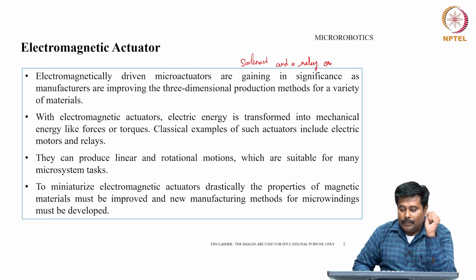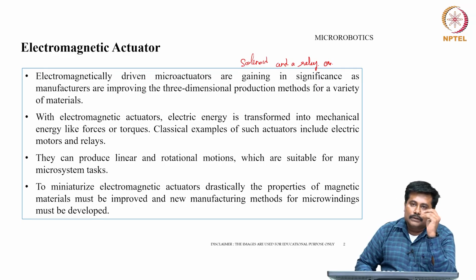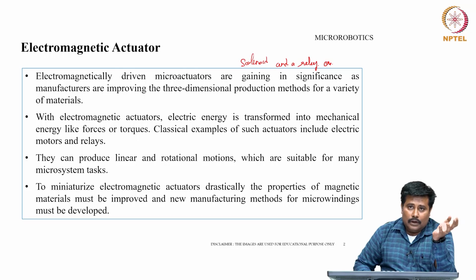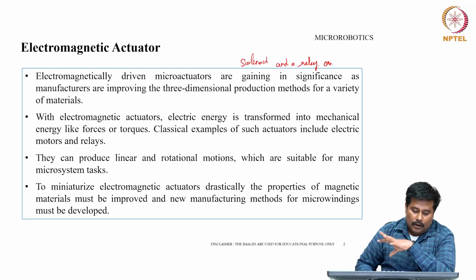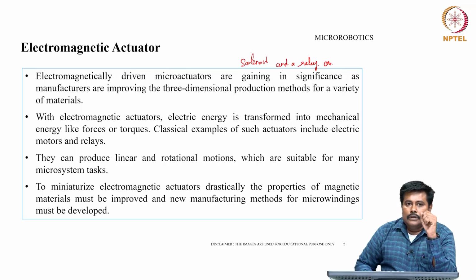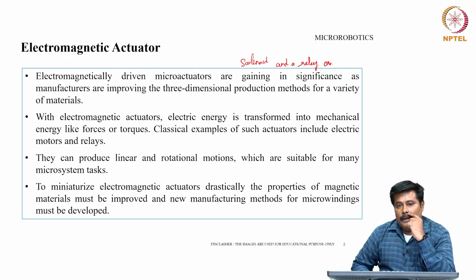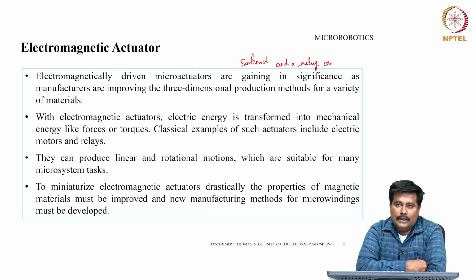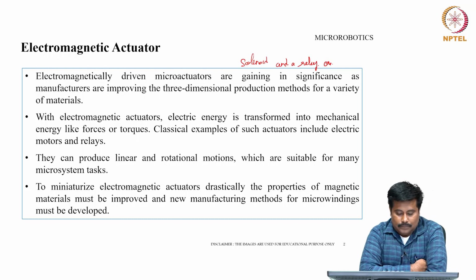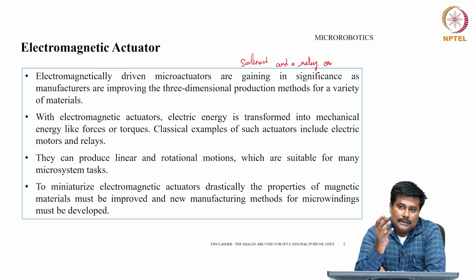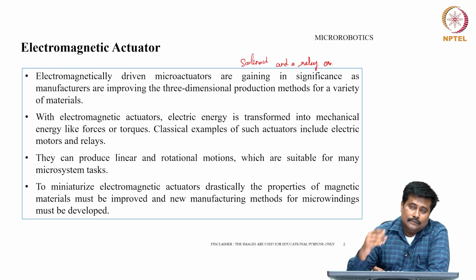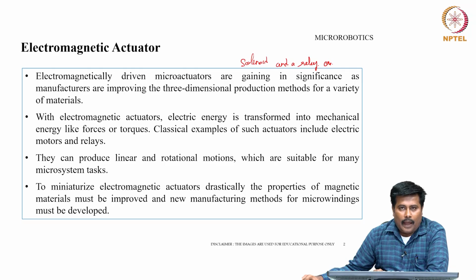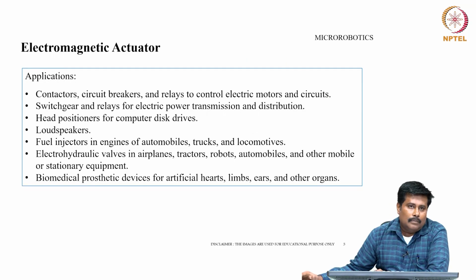Classical examples of such actuators include relays, solenoids, motors, etc. They can produce linear and rotational motion, which are suitable for many microsystem tasks. To miniaturize these electromagnetic actuators, the properties of the magnetic materials must be drastically improved and new manufacturing methods for micro winding must be developed.